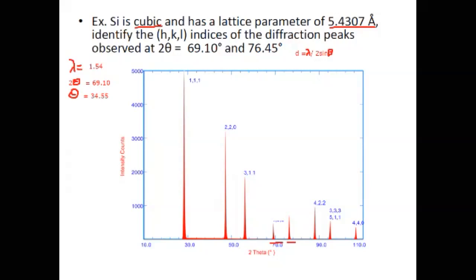So let's go ahead and do that. So d equals 1.54 divided by 2 times sine 34.55.